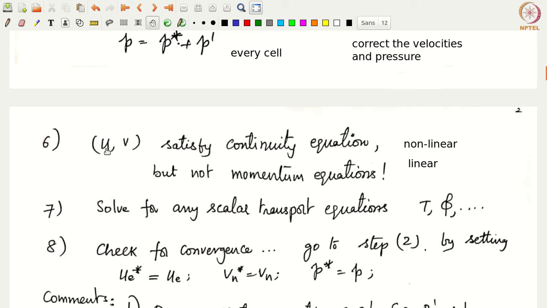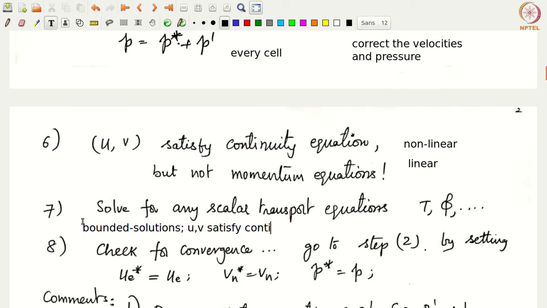Now, why do we do it after this? Why can't we do it before? What is the significance if u and v were not to satisfy continuity? The thing is, if you do not feed a continuity satisfying field to the scalar transport equation, then you don't get bounded solutions. You will only get bounded solutions if your u and v satisfy continuity.